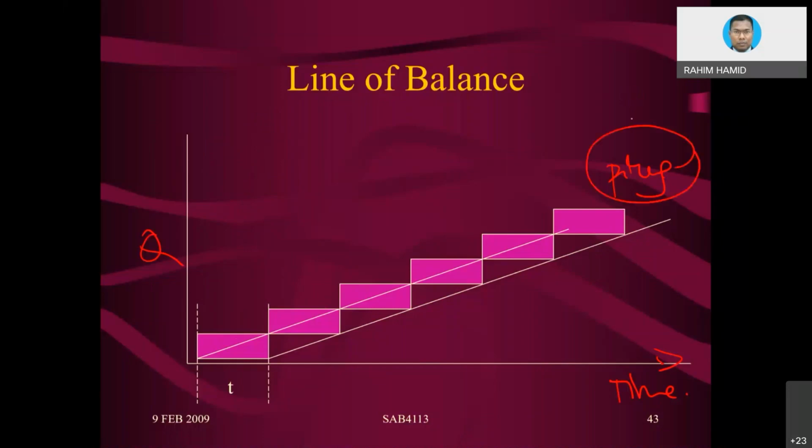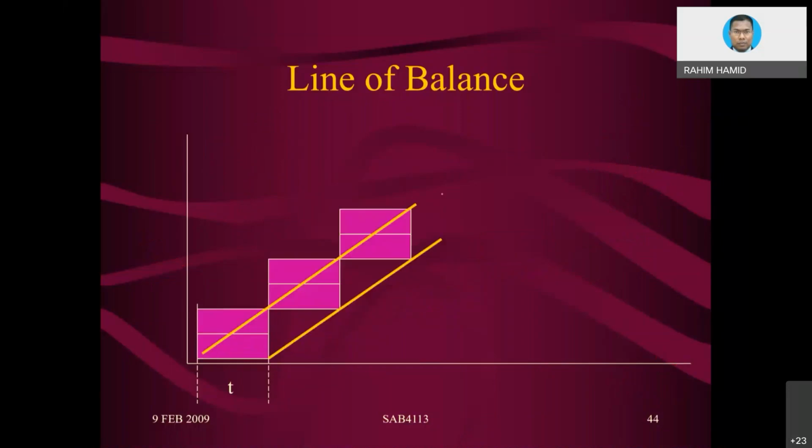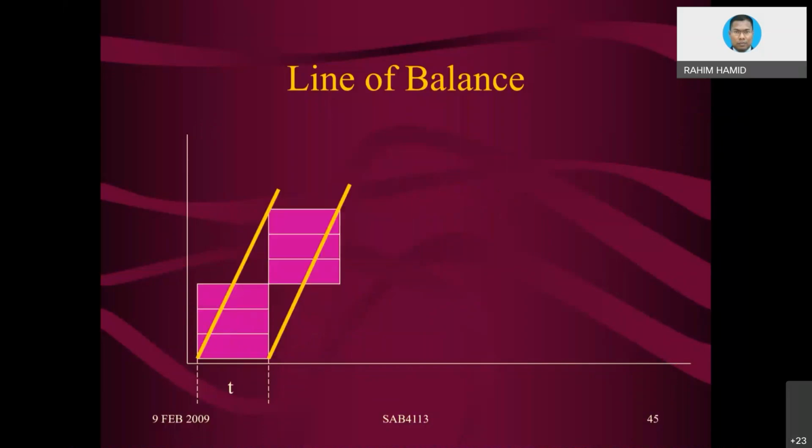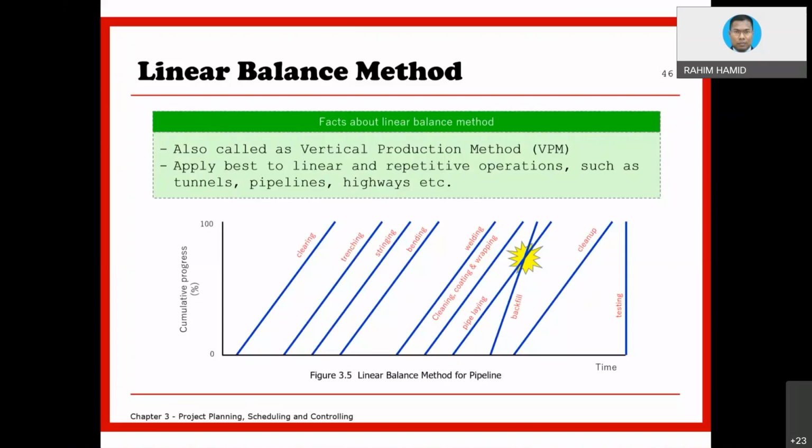Then perhaps this is for stump, a little bit different in terms of slope, doesn't matter. This could be for beam, because it is repetitive in nature. So this line of balance can represent activity with respect to quantity versus time.